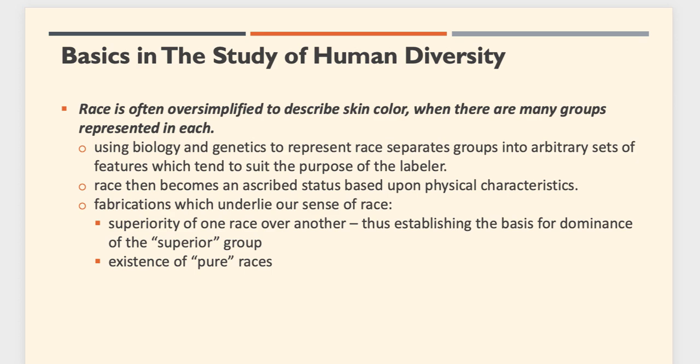Race then becomes an ascribed status based upon physical characteristics. And an ascribed status, of course, is a status that one is born into and is immutable throughout one's life. And if one belongs to a racial group that is considered inferior in that society, that person is more or less doomed to be seen in that light throughout his or her life.